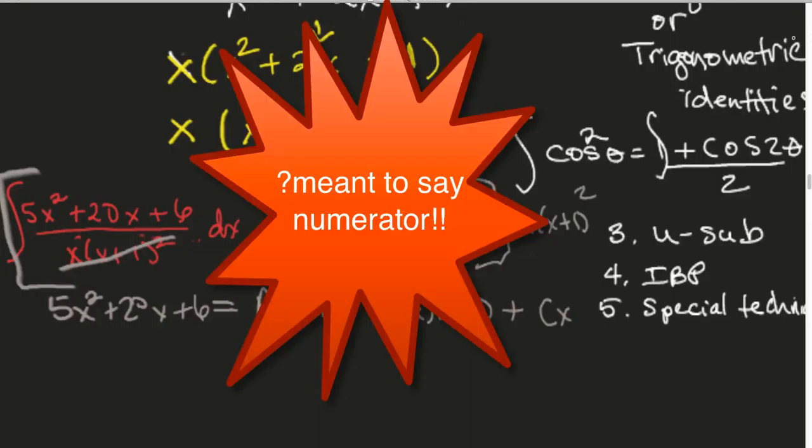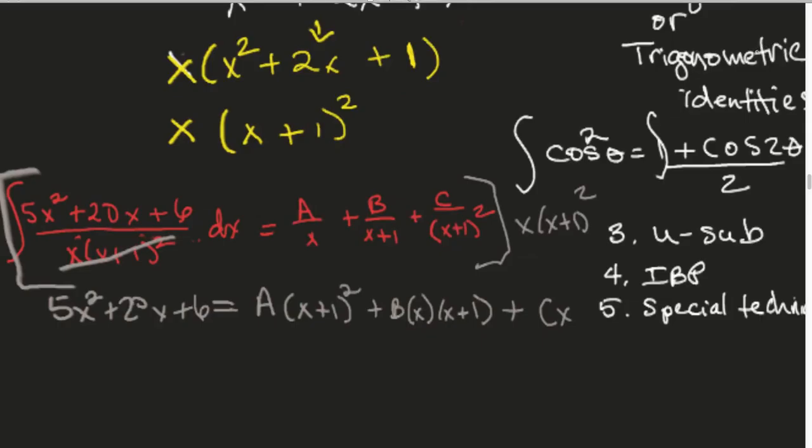All right, so now that we've done that, because the denominator is larger than the numerator, we can just let x equal different values. If the numerator is larger than the denominator, then we have to multiply it out and equate the coefficients.